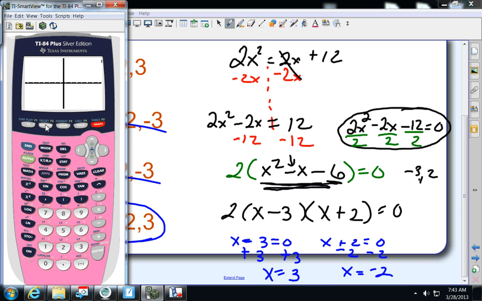Oh, I need to zoom back in. Makes it easier. Right here, it looks like it's -2 and it looks like it's +3. If I go second graph, I can look, it is 3, 0. And as I go up here, it is -2, 0. So that means I got that correct.